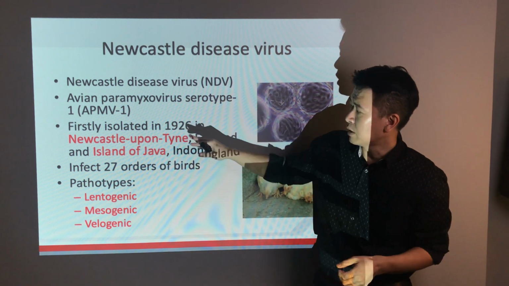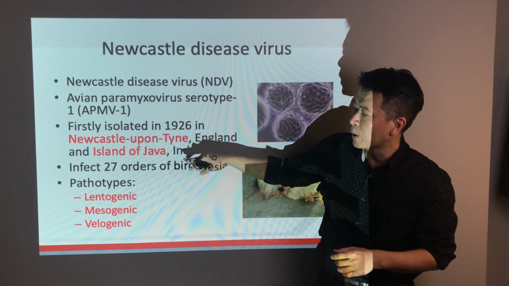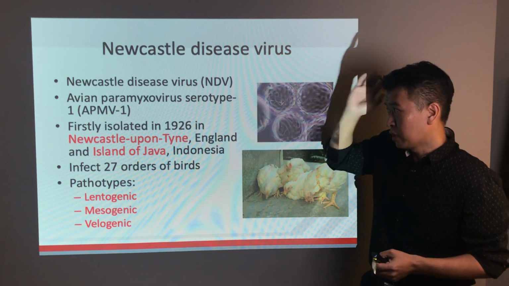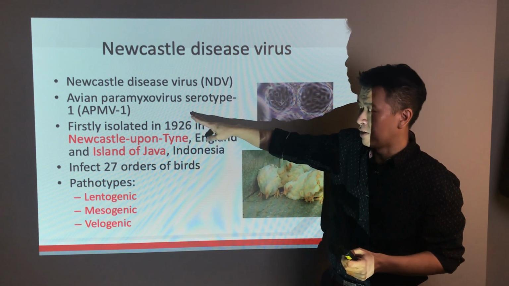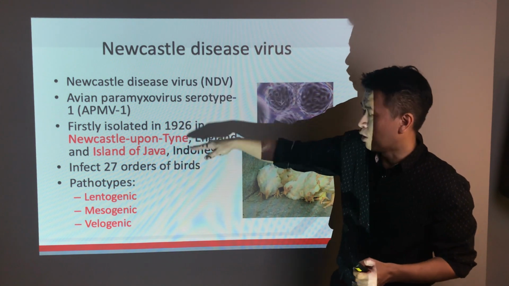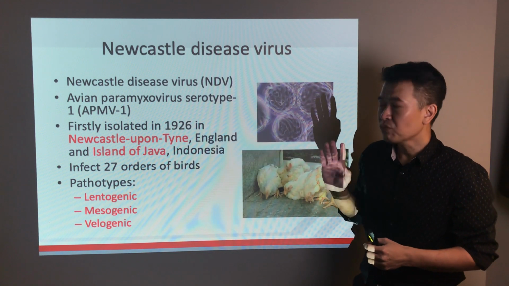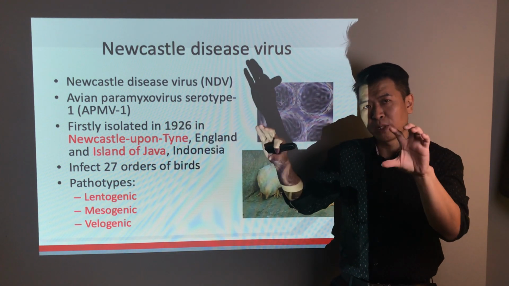Okay, so 1926 in Newcastle upon Tyne in England, and the following year it was isolated on the island of Java in Indonesia. Okay, this is 1926, so don't imagine the virus traveled by airplane all the way to Indonesia and transmitted there.